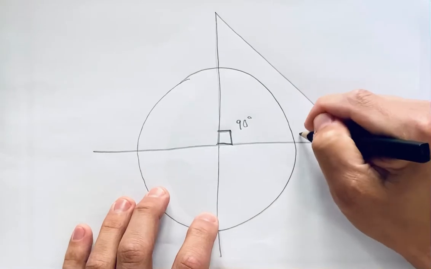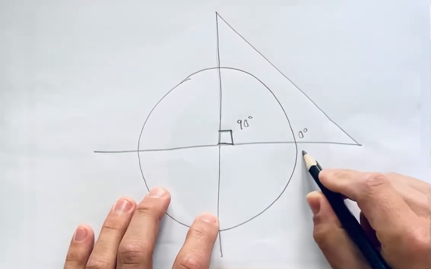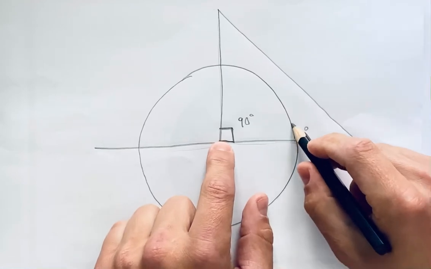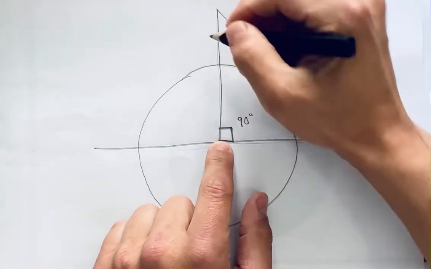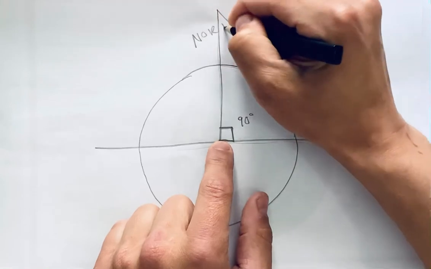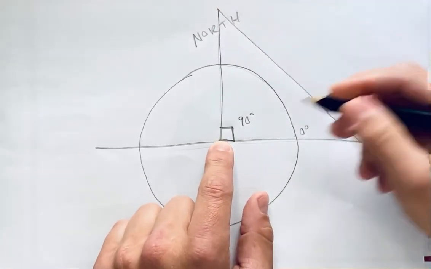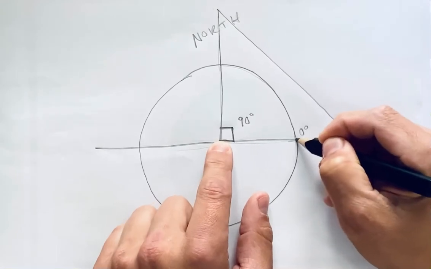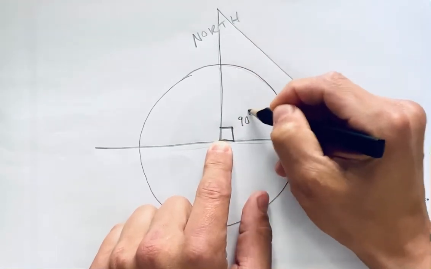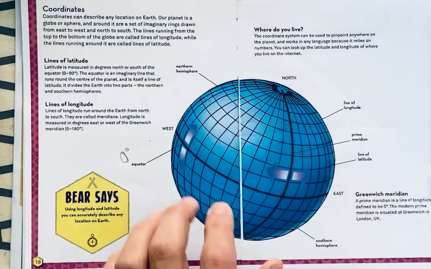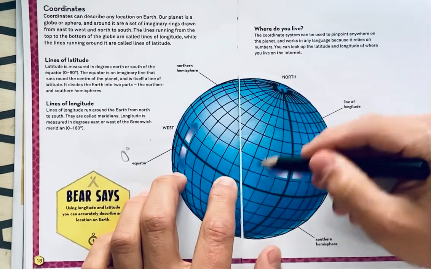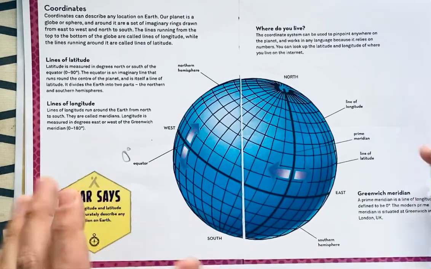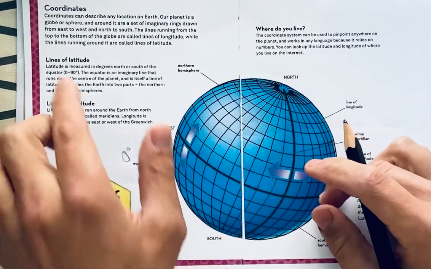We'll call this 0. If we go up the Earth to the North Pole, we see that it's 90 degrees, which means that the angle from the equator to the North Pole is measuring 90 degrees, which is why they call it 90 degrees latitude. I know it's quite a difficult concept to understand, but this is the basis of the concept of lines of latitude.